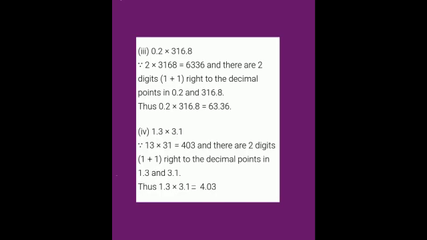Thus 0.2 into 316.8 is equal to 63.36. Next, fourth subdivision 1.3 into 3.1. Now 13 into 31 is equal to 403. Since there are totally two digits right to the decimal points in 1.3 and 3.1, thus 1.3 into 3.1 is equal to 4.03.